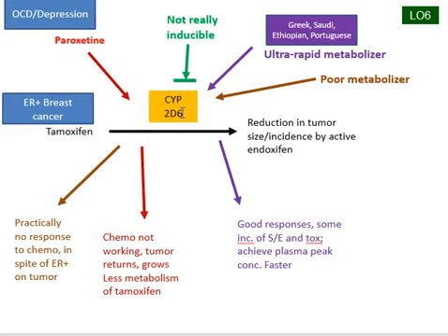All right, here's another example where maybe you've got comorbid conditions, and this may or may not be completely clinically relevant, but I wanted to show you an example. So here's a patient in red that has underlying OCD or depression, and they're treated with the SSRI paroxetine. What we've noticed in these patients is that the chemo doesn't work, and that's because paroxetine is also biotransformed by CYP2D6.